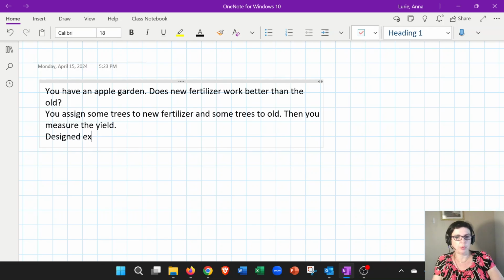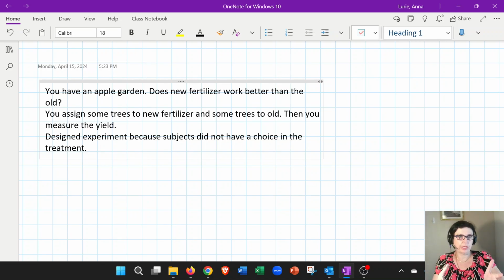So this is a typical example of a designed experiment, because the subjects, or individuals or whatever, did not have a choice in the treatment, right? It's not like this tree said, okay, please give me the new fertilizer. No, the tree didn't have a choice.